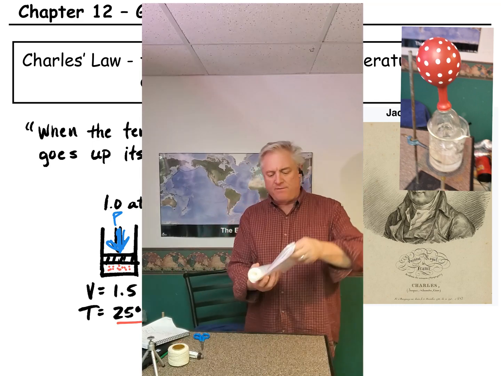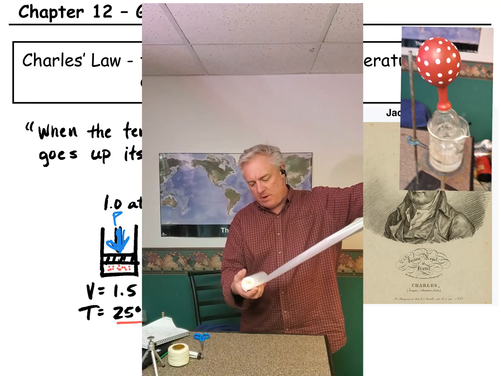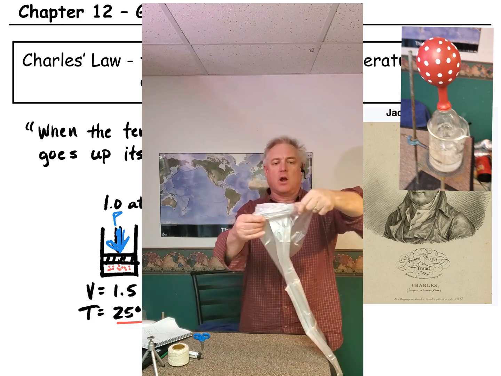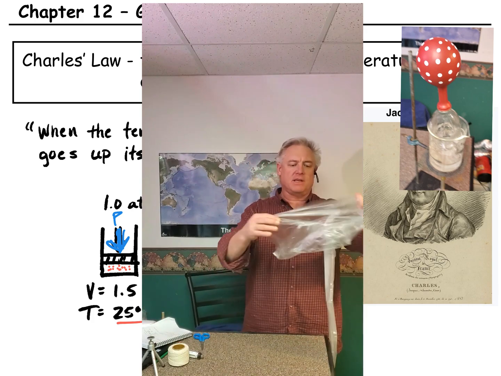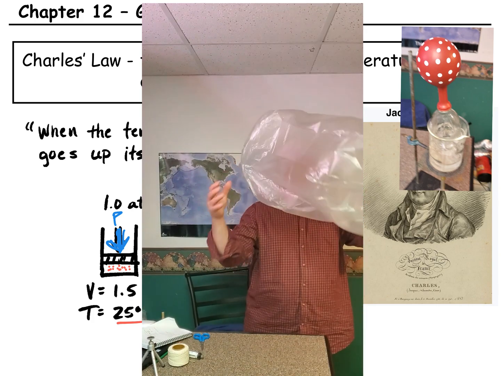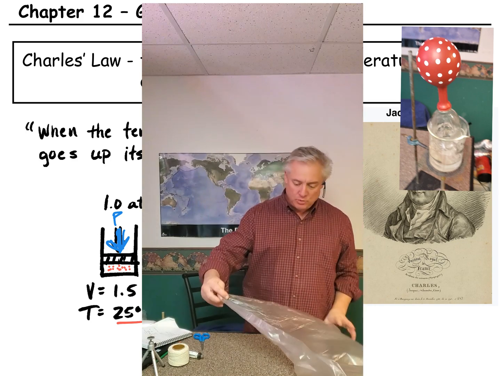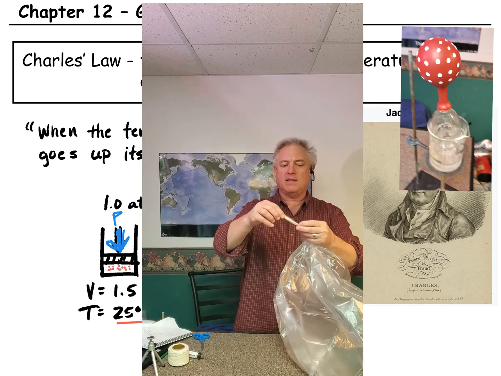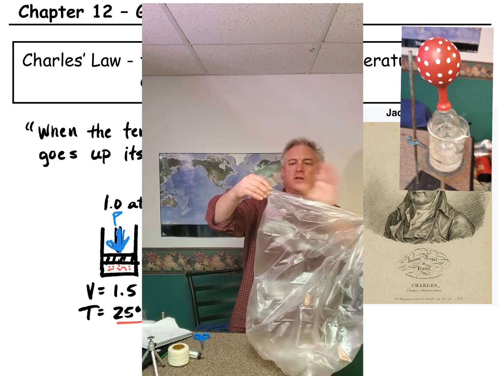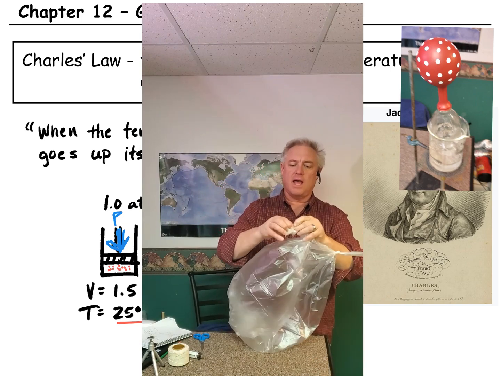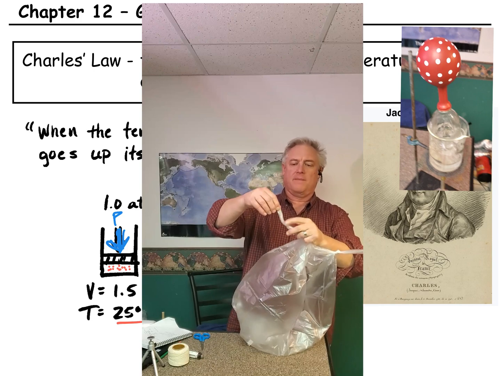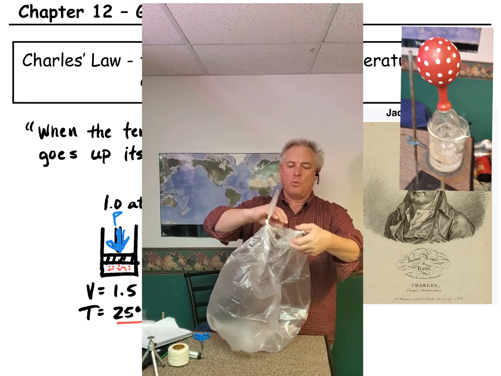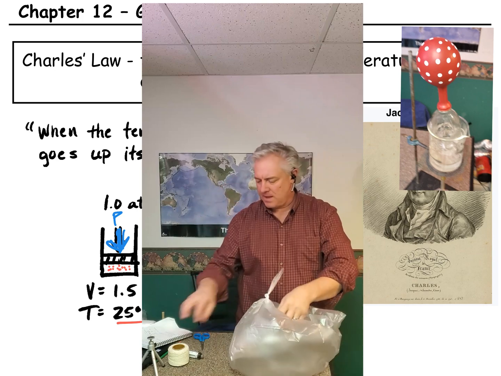All right, here's one of my favorite Charles' law experiments. Start with a garbage bag, a very thin plastic garbage bag. Works great for making hot air balloons. I'm going to tie one side off with a knot. Go to the other side, tie it off with a knot. Still have an opening right there.